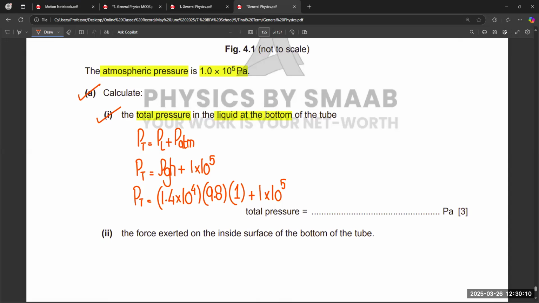So we have to solve this equation: 1.4 times 10 to the power 4, multiplied by 9.8, multiplied by 1, plus 10 to the power 5. Total pressure, or you can also round it off to 2.4 times 10 to the power 5.